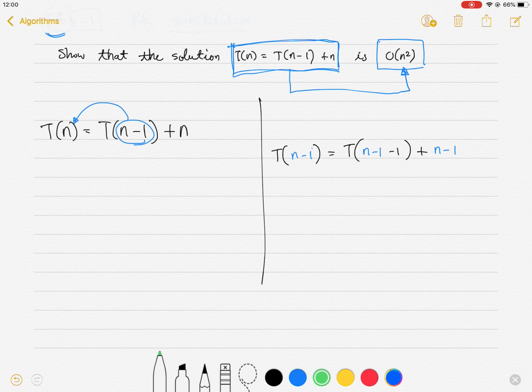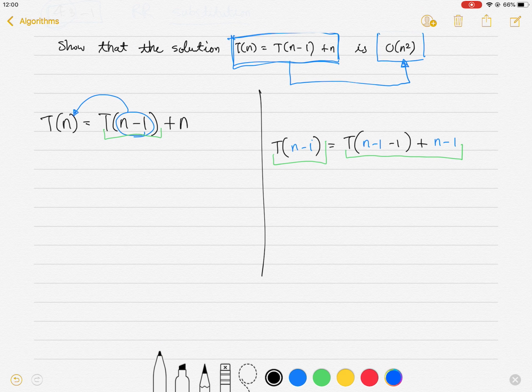This solution that we got is just t of n minus 1, which is just this part. When we simplify that, we have to keep in mind that this solution plus n minus 1 doesn't end here. We have to bring whatever was left at the top down, like this.